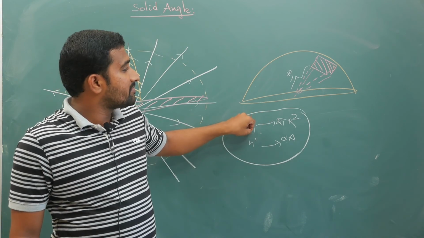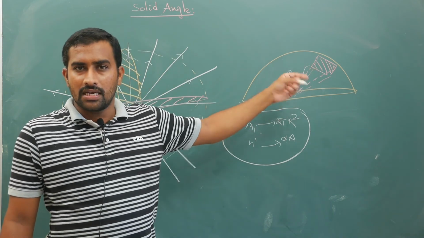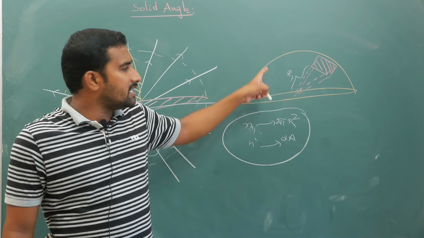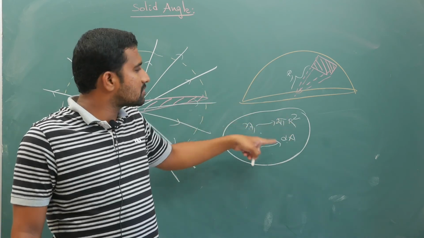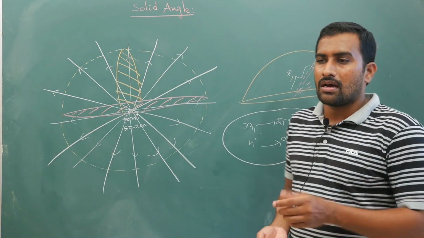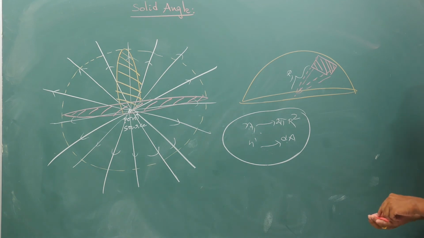This you can do. Now if this patch is on the surface, then to some extent using this proportionality logic, this many lines are going across this area, so this many will go through that area. But now I will slightly extend this idea further, and you will get to know the exact application of solid angle.